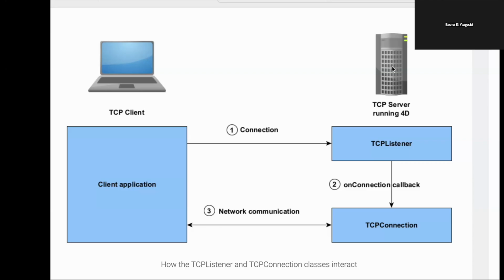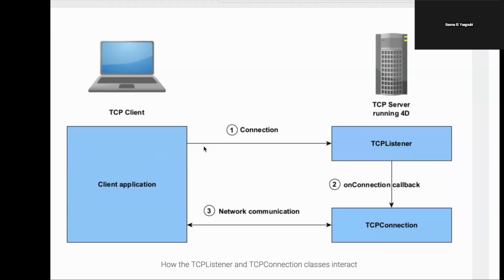By TCP server, I don't mean 4D Server. It can be a 4D client or 4D remote with a TCP server on it, listening on a specific port with a TCP listener.